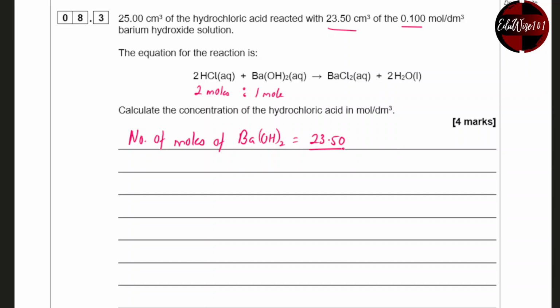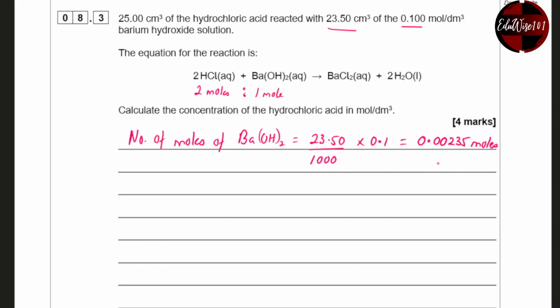I'm trying to convert it to dm³, so I'll have to divide that by 1000 and then multiply that by 0.1 mole to give 0.00235 moles of barium hydroxide. So the mole ratio is 2:1.